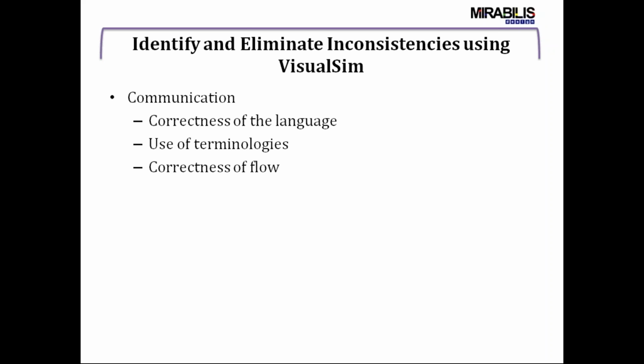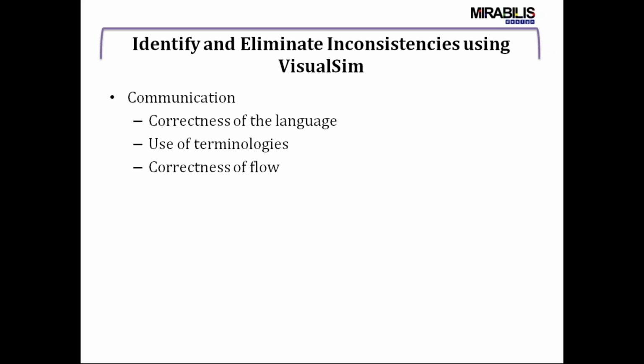Okay, and in addition to all these design and exploration related problems that we are talking about, there are a few inconsistencies that must be addressed at the communication level as well.